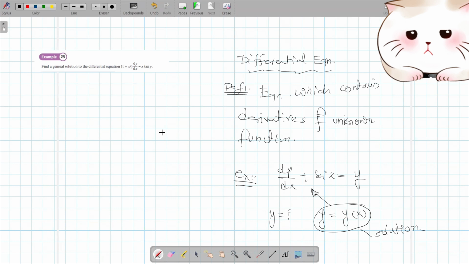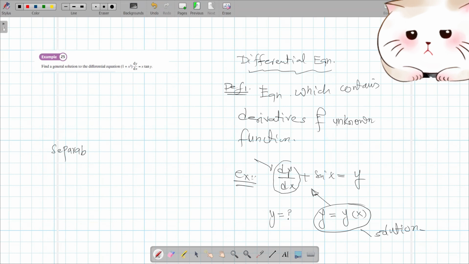So here, in this exercise, you will be solving separable variable equations. There are a lot of types of equations. If the derivative is of first order, the equation is called a first order differential equation.